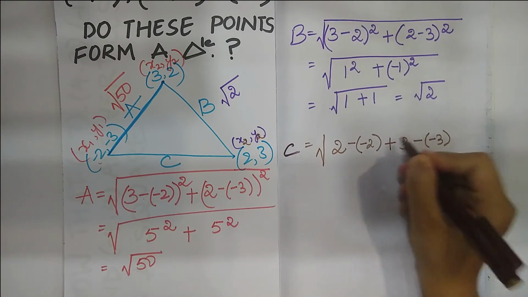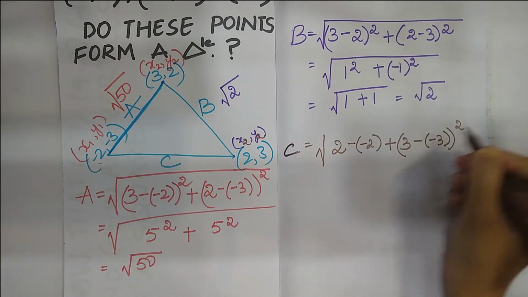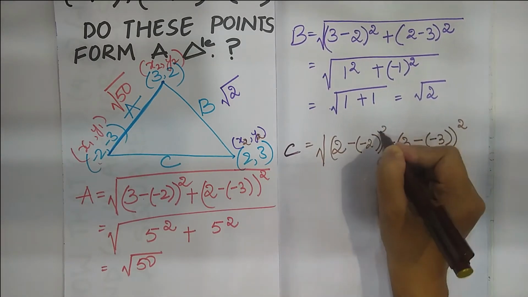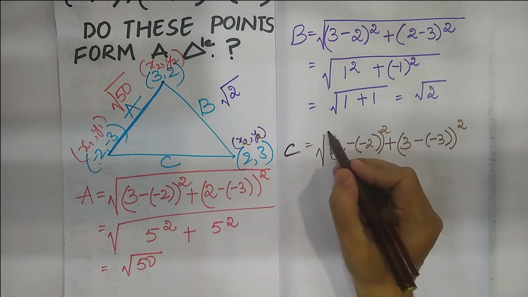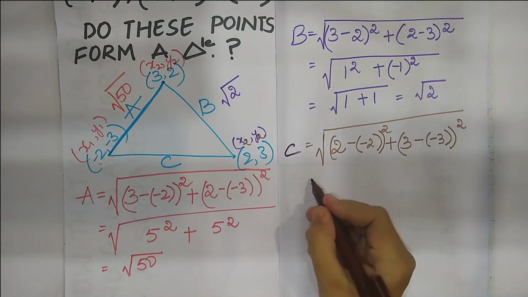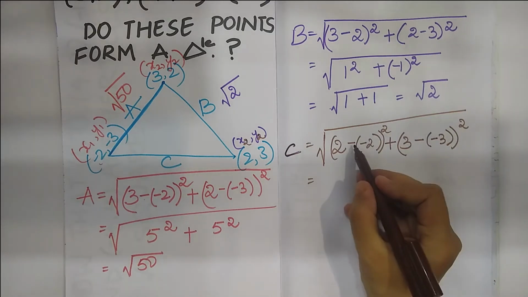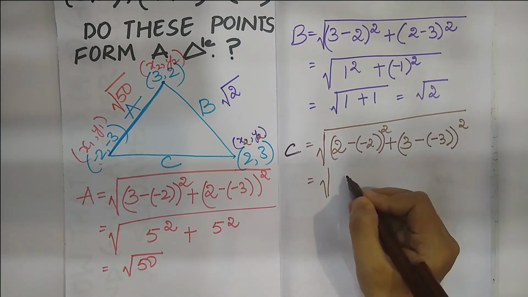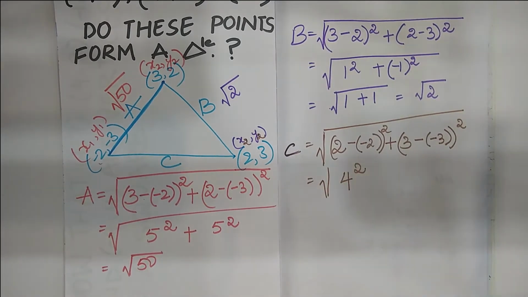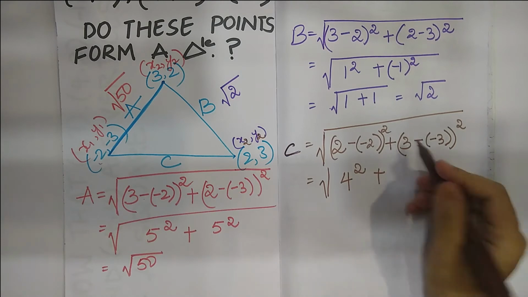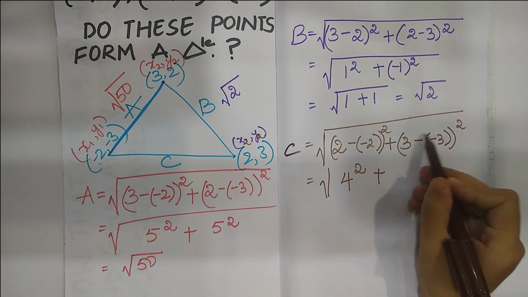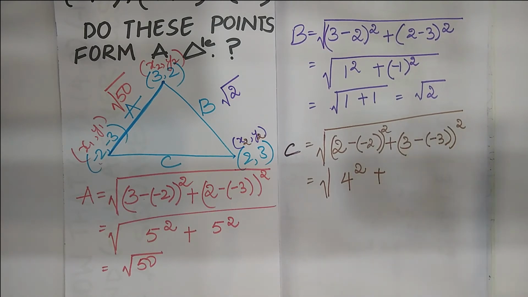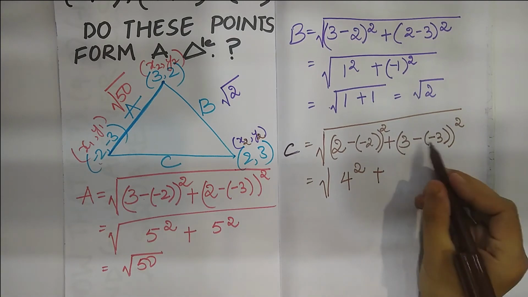So inside the bracket and then the whole square. Here as well the whole square that I forgot to put here. Just place it here under the square root. So what is minus of minus? It is plus, right? So it will be 2 plus 2 the whole square. So what is 2 plus 2? 2 plus 2 is 4. So it will be 4 square plus 3 minus of minus. So this minus of minus makes it plus. So that is why it will be 3 plus 3.